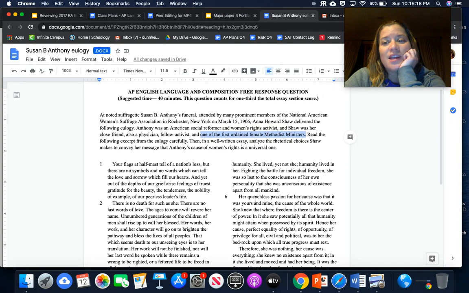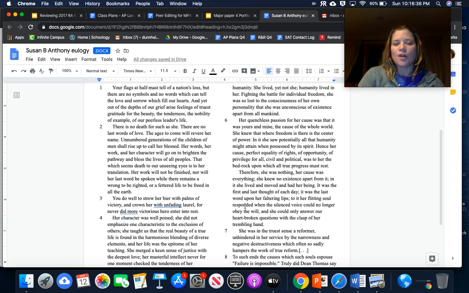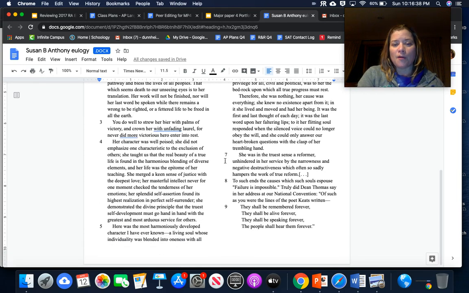And this is a technique in this section right here that ministers like to use all the time. So I want you to take a look at this paragraph. Try to find something on your list that is a definitely strong strategy that she's using here. Okay, finishing up, this will be paragraph 8, 9, and 10.